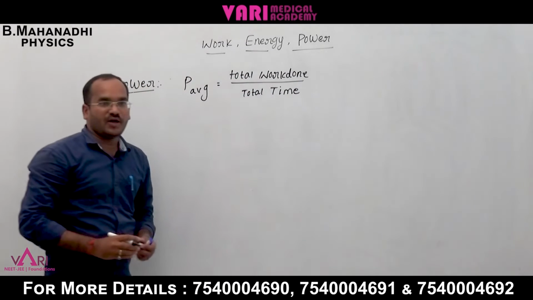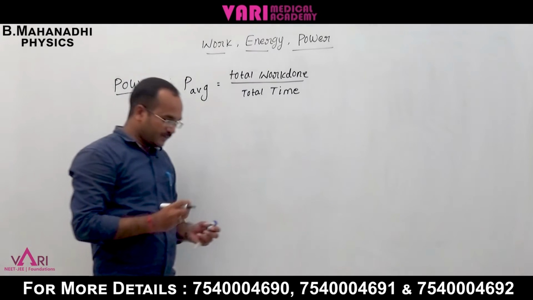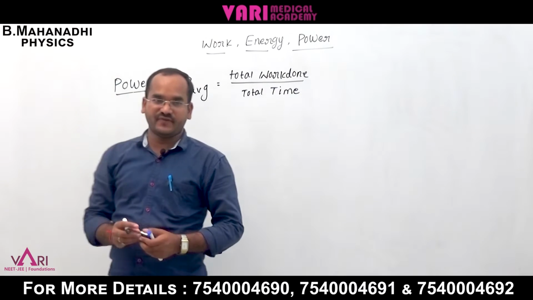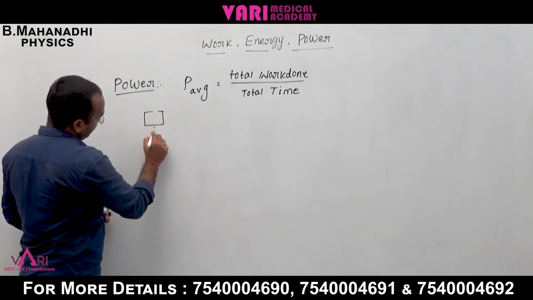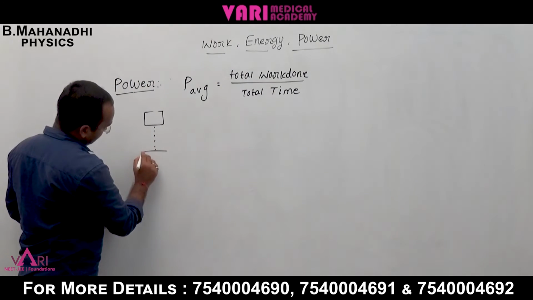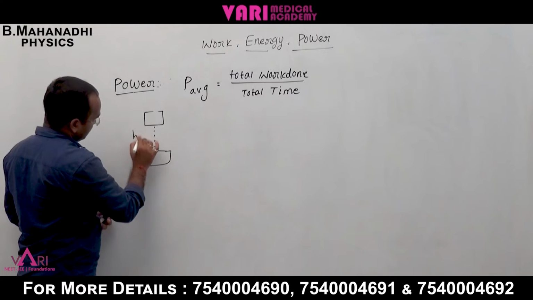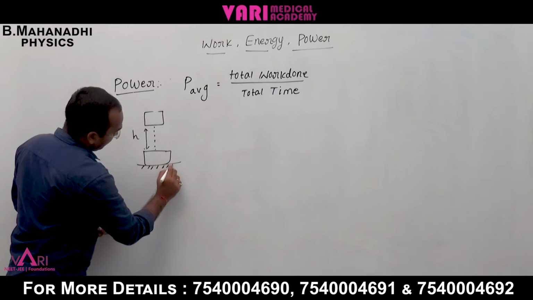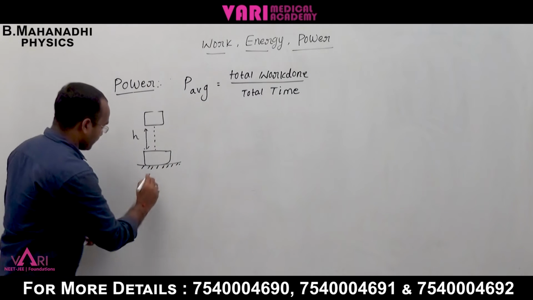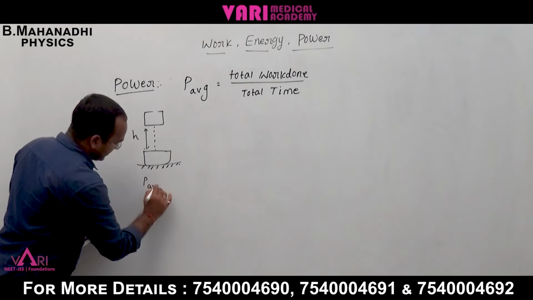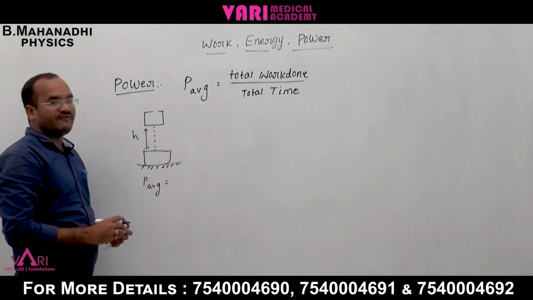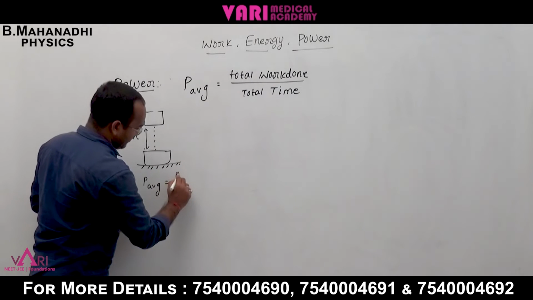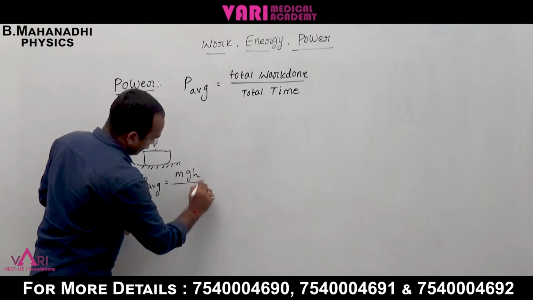If a body is falling vertically through some height h, the energy can be found. P average is equal to the total work done, which is the potential energy mgh, divided by time.